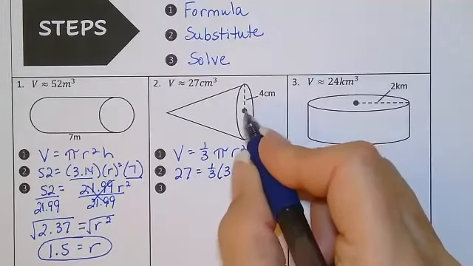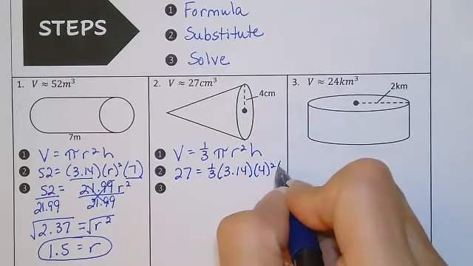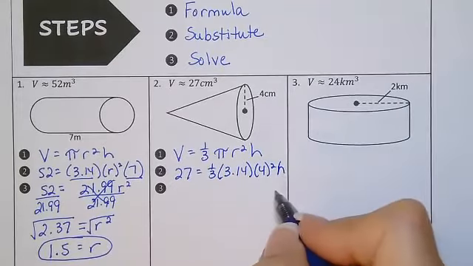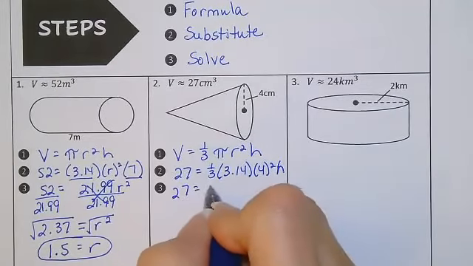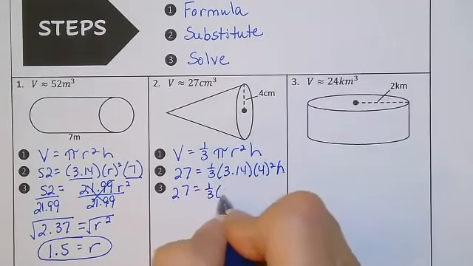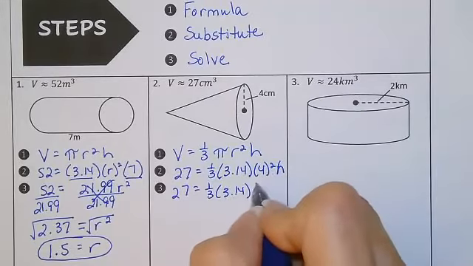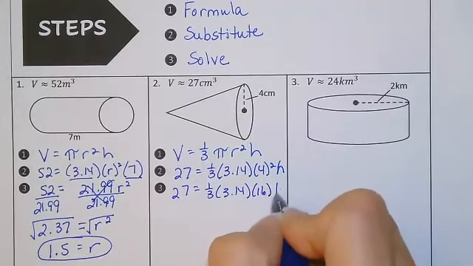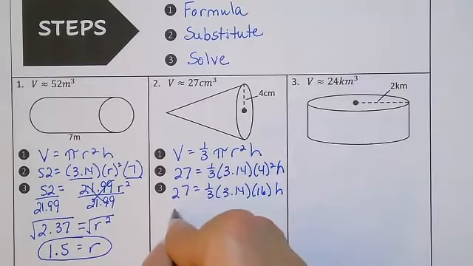Okay, given us radius is 4 squared, and we don't know what our height is. Okay, so we're on solve. So I'm going to first find 4 squared, which is 16. And now I'm going to multiply these together and divide by 3.